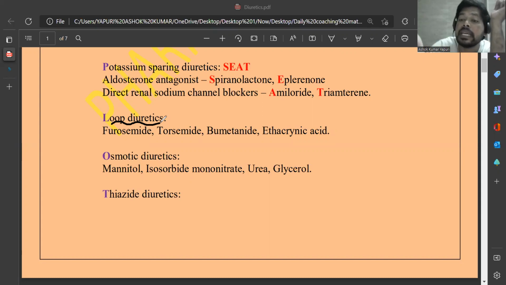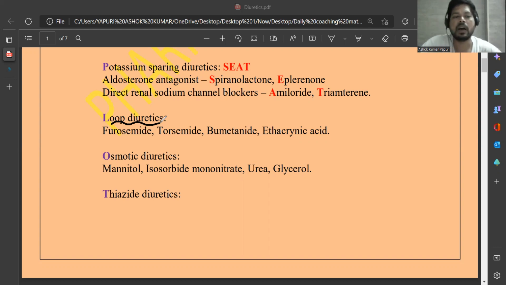Thiazide diuretics increase the calcium in the body. Loop diuretics increase the elimination of calcium. That's why thiazide diuretics are preferred in patients having osteoporosis, because thiazide diuretics reabsorb the calcium, and that reabsorbed calcium benefits the osteoporotic patient. Thiazide diuretics are calcium storing diuretics, and loop diuretics are calcium eliminating diuretics.